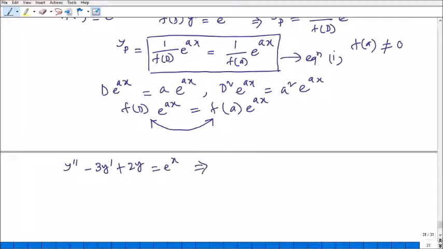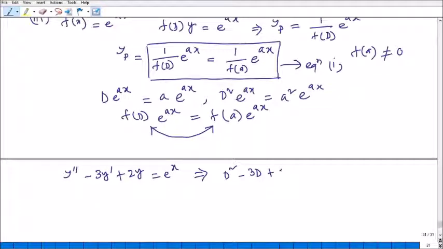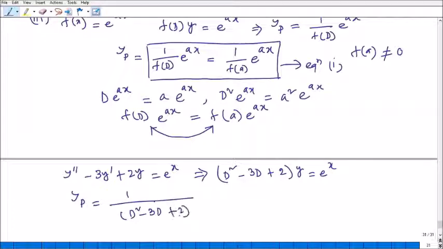So this non-homogeneous differential equation can be written as D square minus 3D plus 2 operating on y equal to e to the power x. So the particular solution of this non-homogeneous differential equation is 1 by D square minus 3D plus 2 operating on e to the power x.